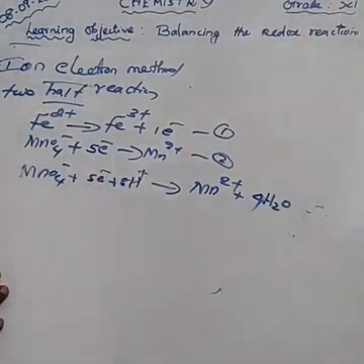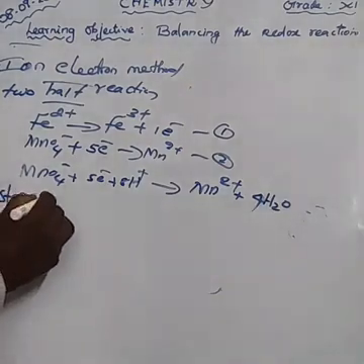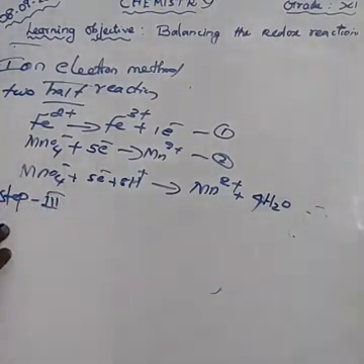Next, step 3. What is step 3? Equate both half reactions so that the number of electrons lost is equal to the number of electrons gained.